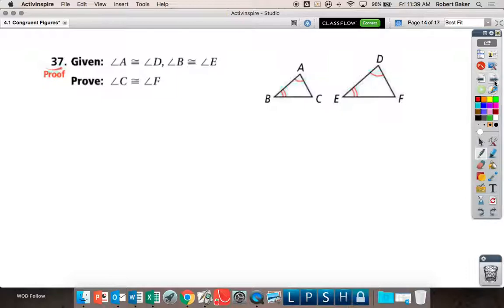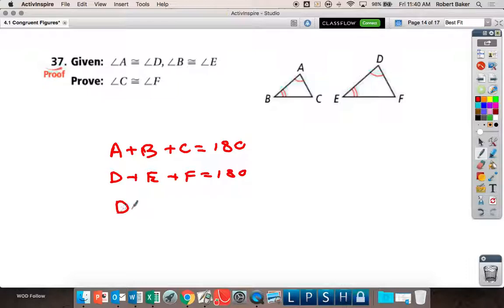So what they're trying to get you guys to do is say that A plus B plus C equals 180, and B plus E plus F equals 180. Then they're going to ask you to substitute some stuff out and say, I'm going to take A out and put D in. I'm going to take B out and put E in.